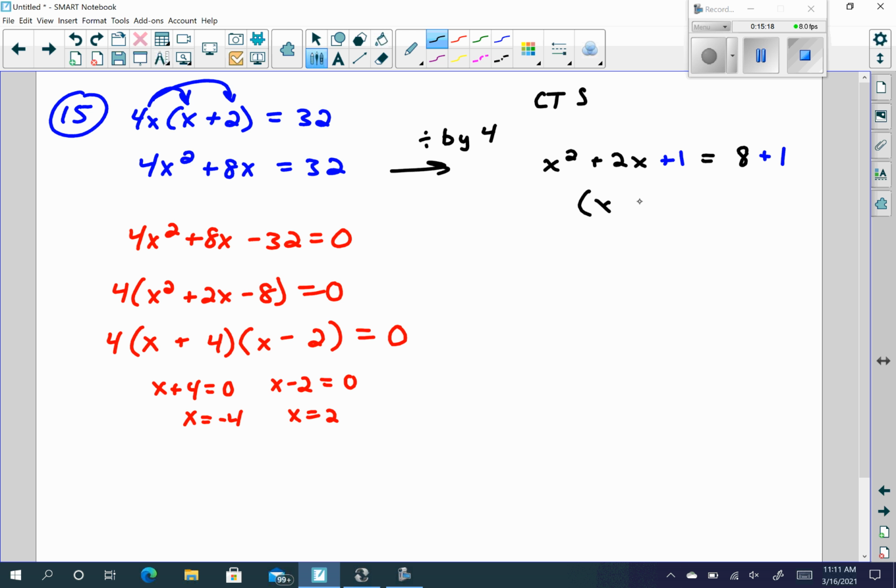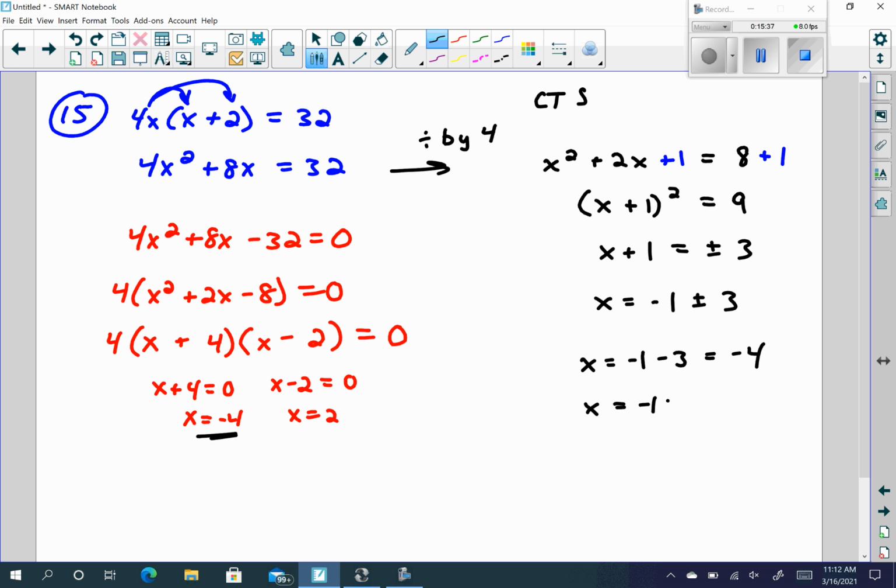So now the left side will factor into x plus 1 squared, and we get 9. Take the square root of both sides, so we get x plus 1 equals plus or minus square root of 9, which is 3. So now we get x equals negative 1 plus or minus 3. Separate these. Negative 1 minus 3 is negative 4. And negative 1 plus 3 is our 2.